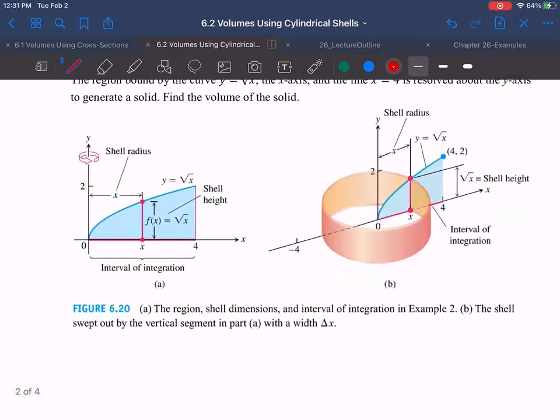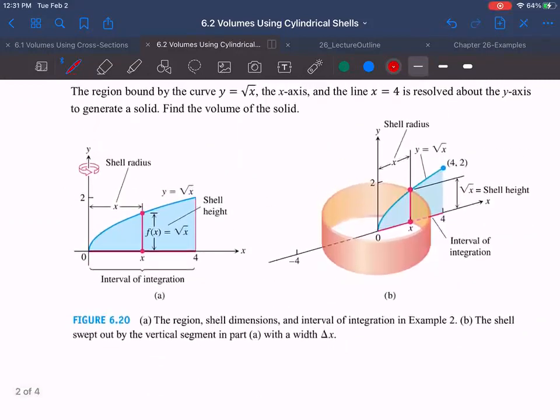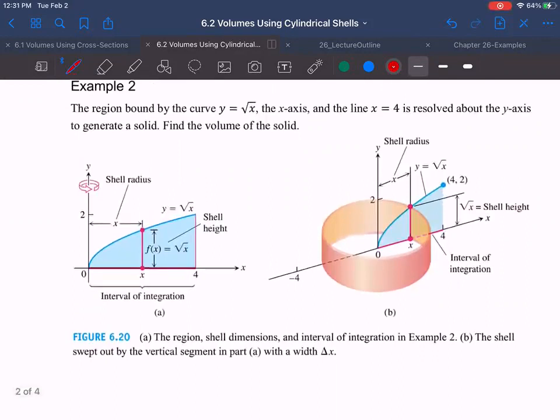So first off, what are our limits of integration here? How do you know that, if it wasn't on the graph? Well, that's our heights. But we're revolving it around the y-axis, and so that's where our graph starts. We're looking at above 0 here, right?